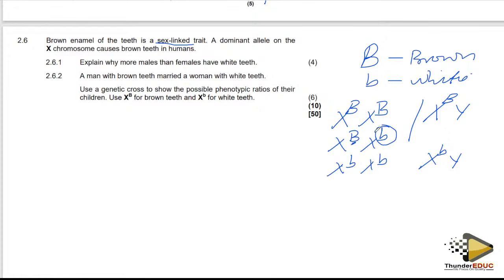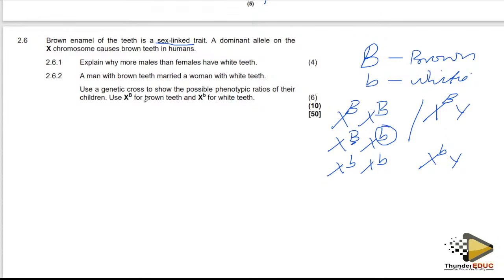If a recessive allele appears on one X, it can be masked by a dominant allele. The individual is still brown, not white. So for the lady to have white teeth or that sex-linked disorder, she must have two recessive alleles, but males only need one recessive allele. So it is very common in males.